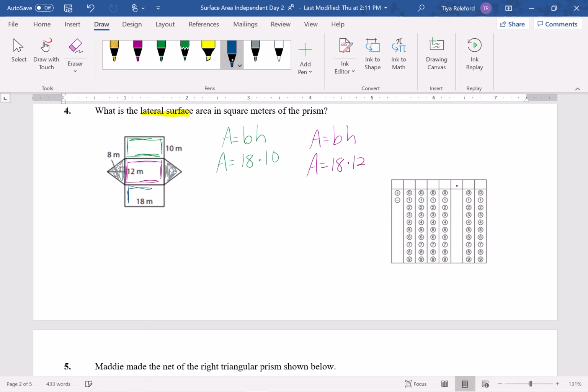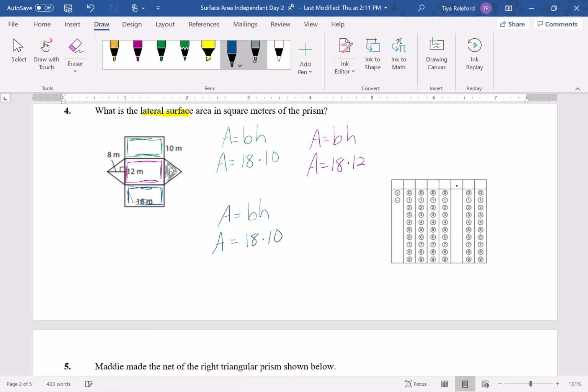And the blue rectangle, I guess the blue rectangle matches the green. So it has a base of 18 and a height of 10.